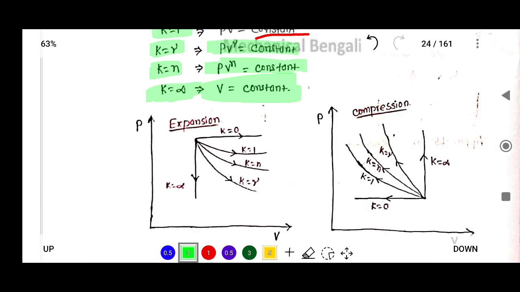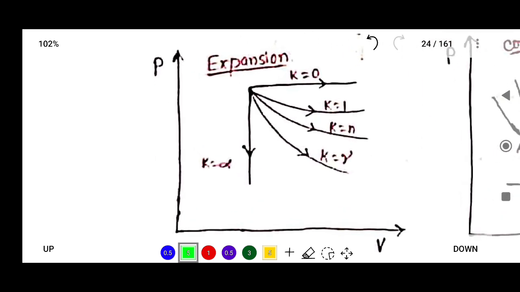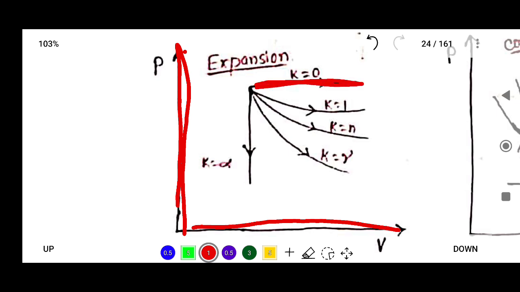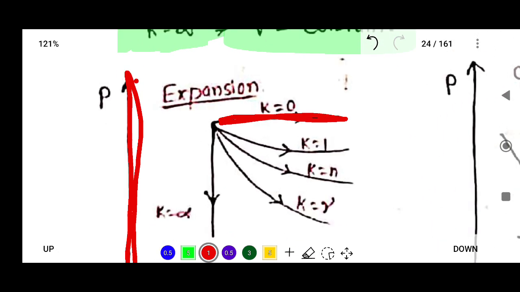Now suppose consider this is an expansion process. Just focus on this graph. Here v is on the x-axis and p is on the y-axis. Suppose if k is equal to 0, that is a constant pressure process.